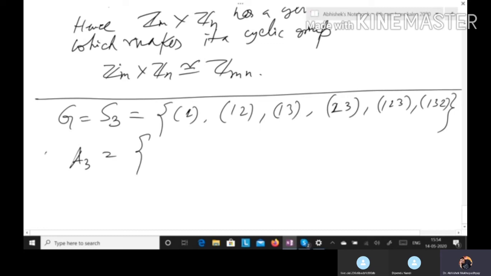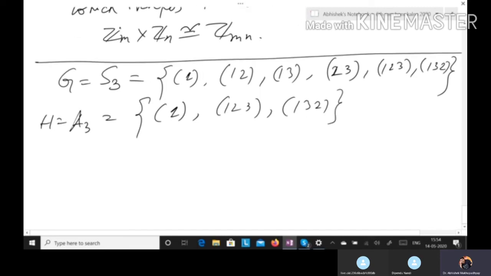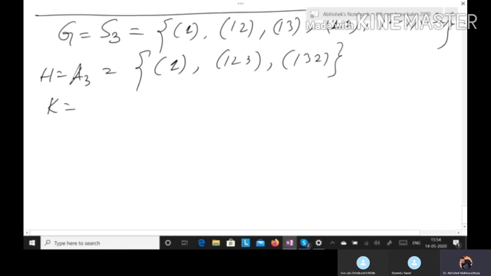Suppose this is our H, which consists of the identity element, the 1-2-3 cycle and the 1-3-2 cycle. And next we consider another subgroup of S3, which is generated by the 2-cycle 1-2. So that is, it consists of the identity 1 and the 2-cycle 1-2.